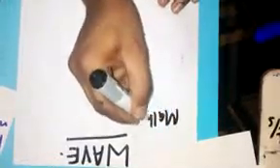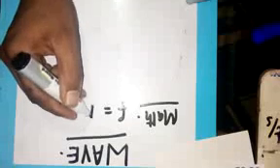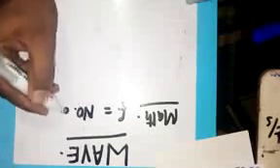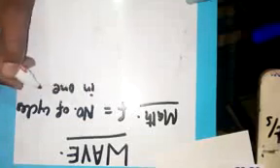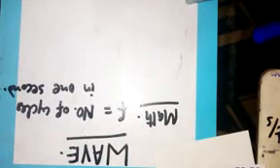Mathematically, frequency, which is given by small letter f, is equal to the number of cycles in 1 second. Now we are talking about 1 second.